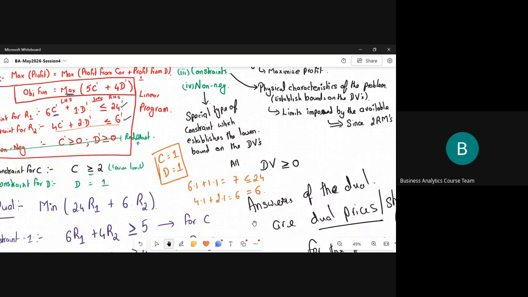Let's say a raw material supplier is coming to you. He is telling you, here, take a discount on R1, take more R1 from me. Will you buy? I am the raw material supplier. I come and tell you, buy more R1 from me. Will you buy R1?